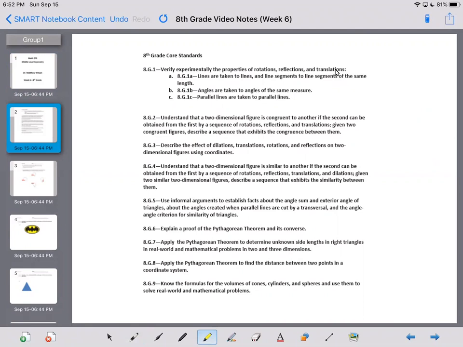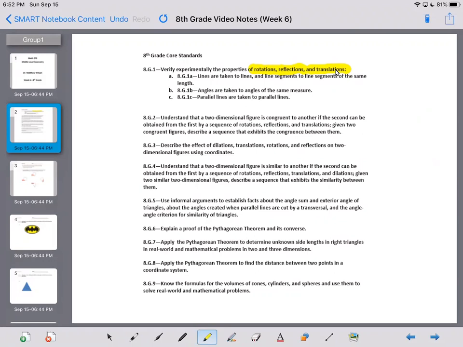And what falls under the umbrella, you're looking at rotations, reflections, translations, and we'll also look at dilations as well, when you're multiplying by a whole number or a fraction, which will increase the size of a given shape.